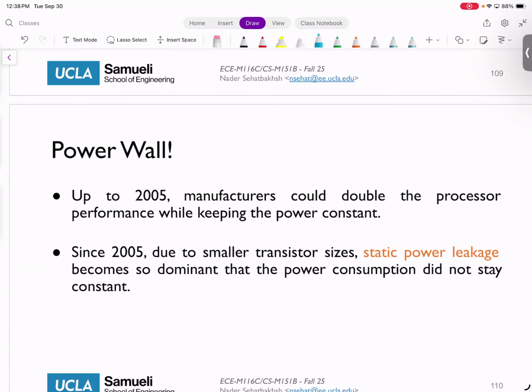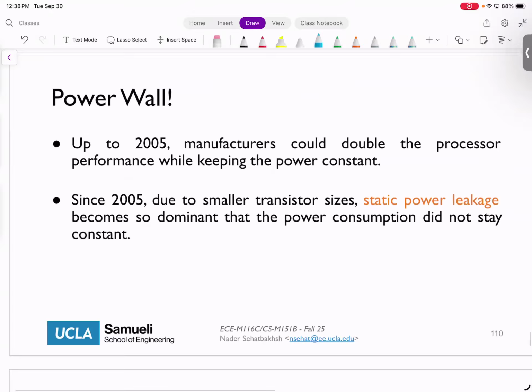The reason the temperature was rising, or the power leakage was rising, is that the transistors became smaller and smaller, so small that at some point the amount of what we call static power leakage becomes very large.